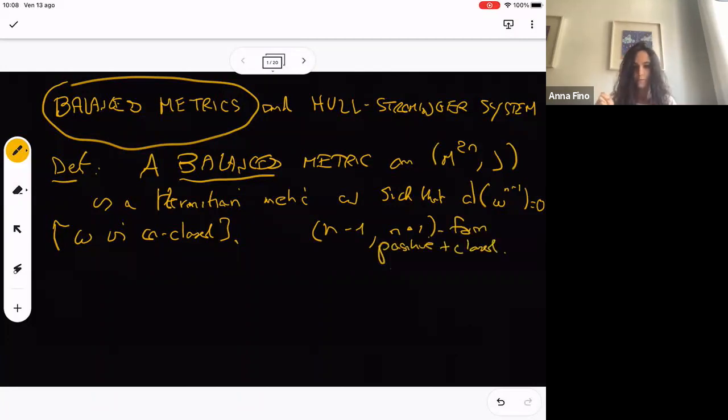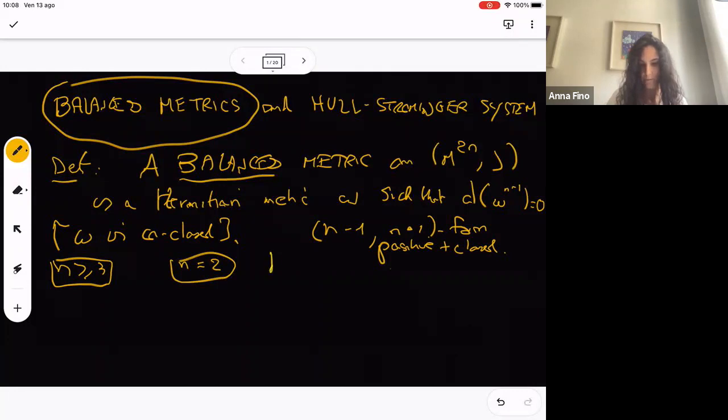We will consider the case n bigger than or equal to 3, because when n is 2, a metric that satisfies this condition is automatically Kähler. So this is a generalization of the Kähler condition in higher dimension. In the literature, there are some equivalent conditions for a metric to be balanced, or for a compact manifold to admit a balanced metric.